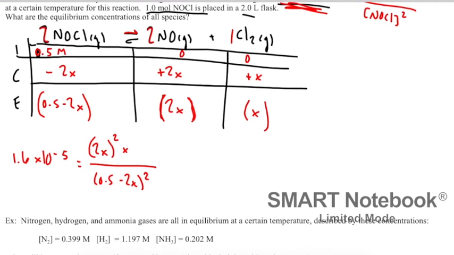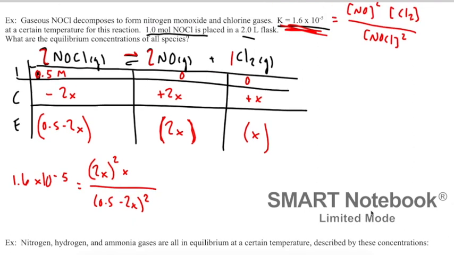And oh boy, you can see that this is going to get really messy really fast because I now have a power of 3 in my problem. 2x squared is 4x squared. 2x, the whole thing is squared, is 4x squared.